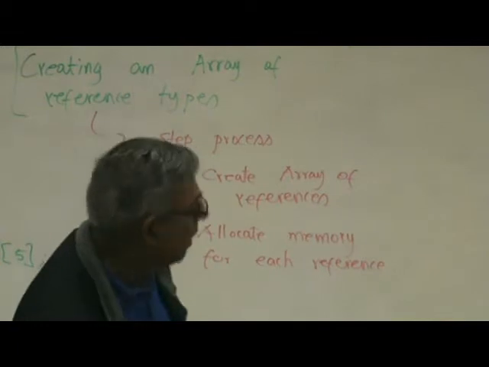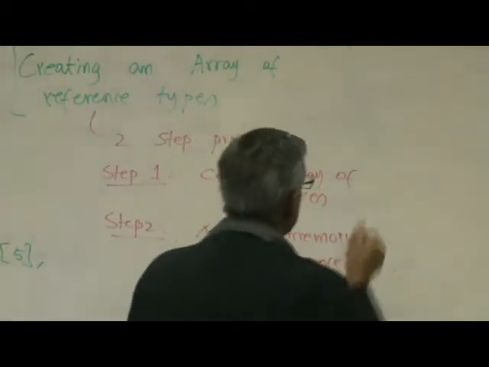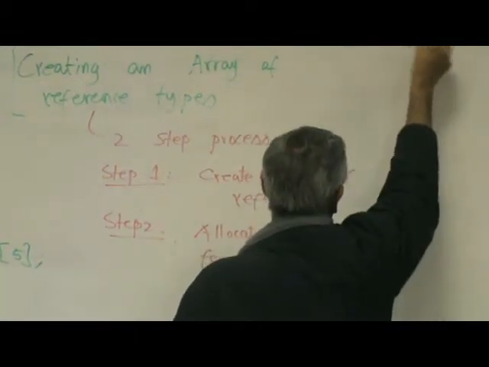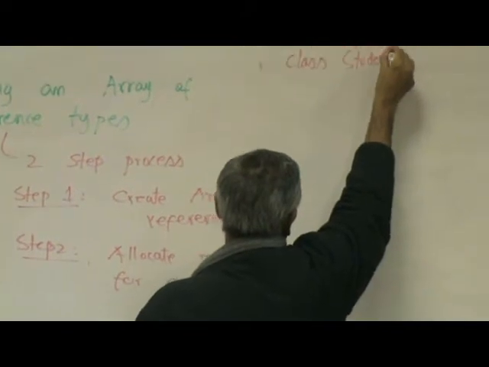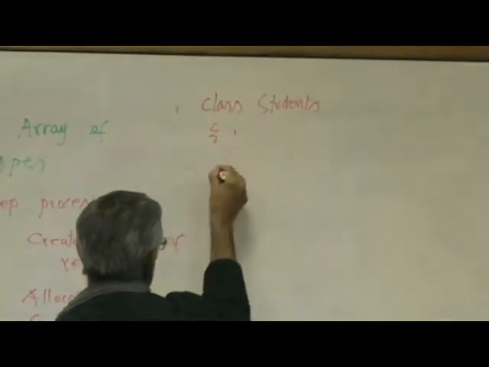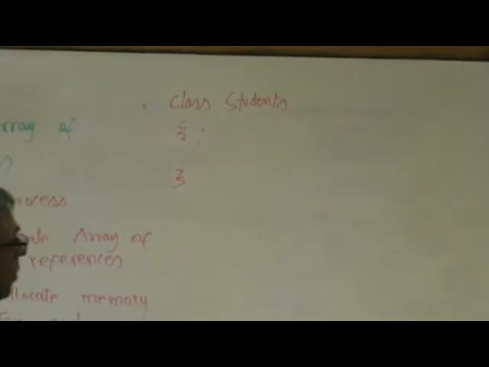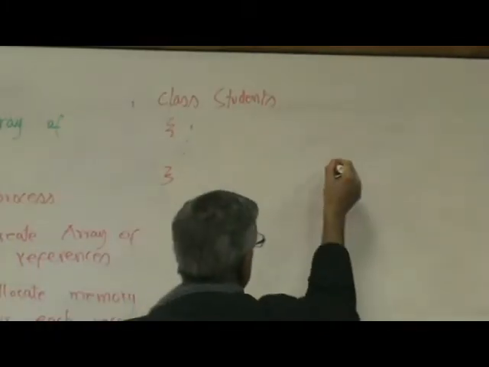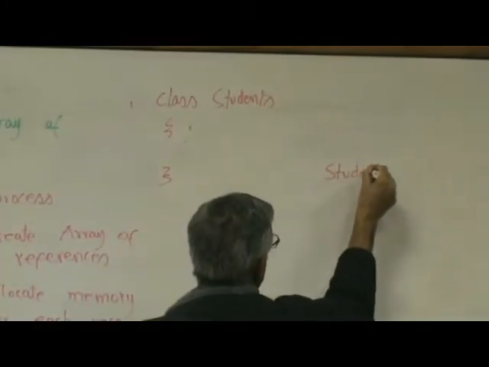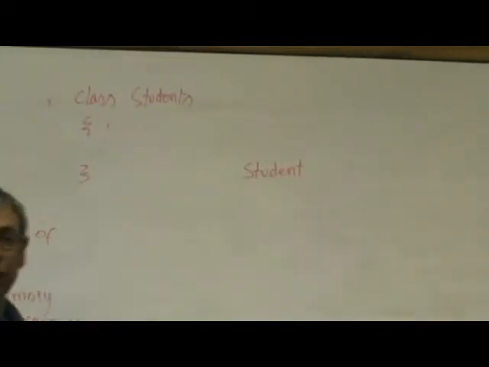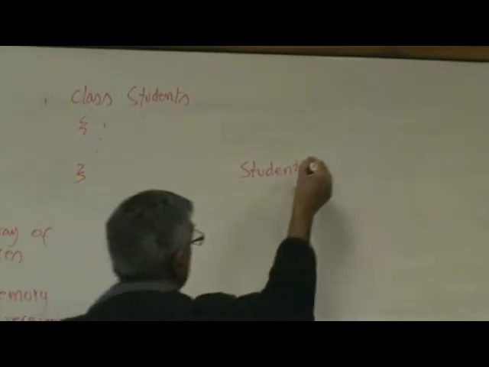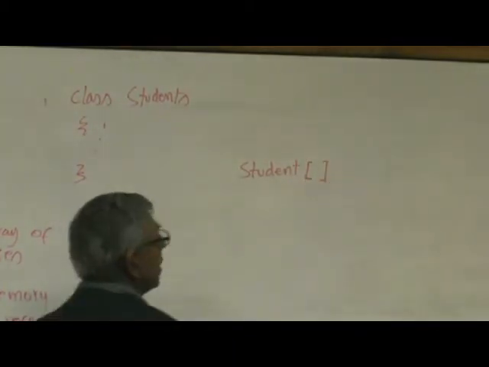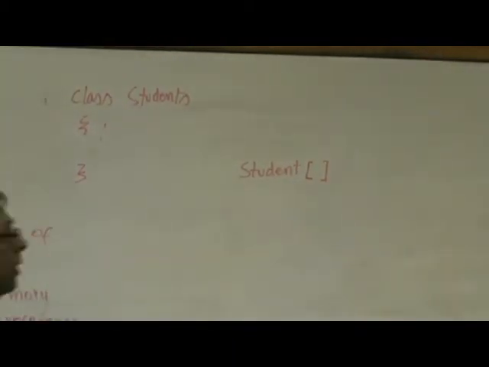Okay, suppose we have a student class, okay, and we wanted to create an array of students. So what will you do? You will say student. Since we wanted to create an array of students, we have to put empty brackets after that, correct? Then you will pick a name for the array, right?